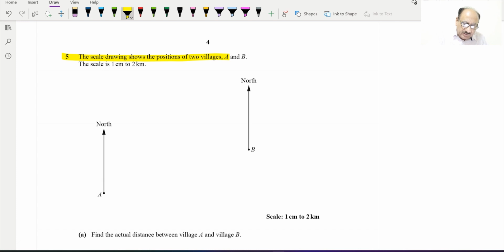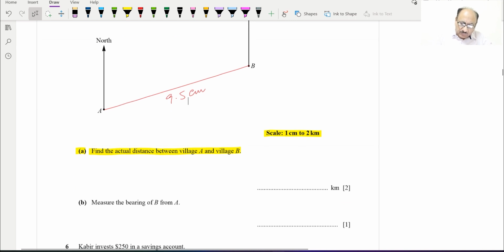the position of two villages A and B. The scale is 1 centimeter to 2 kilometers. This is the scale provided. A part, find the actual distance between village A and village B. So first of all we can join A and B. If we join A and B, we can measure the distance, and this is roughly 9.5 centimeters, and 1 centimeter is equal to 2 kilometers.